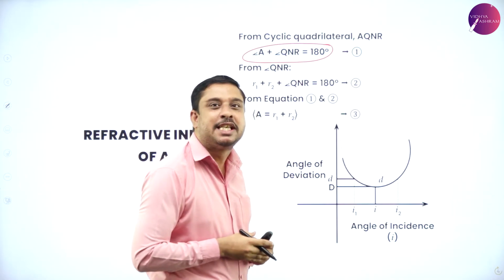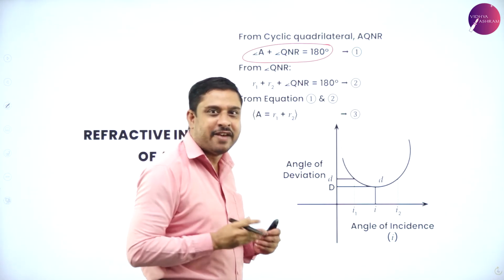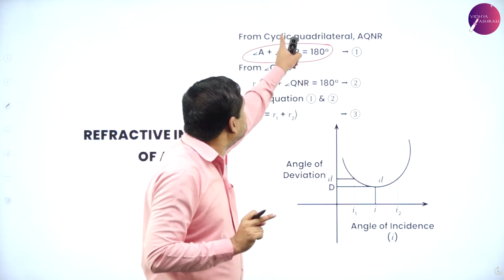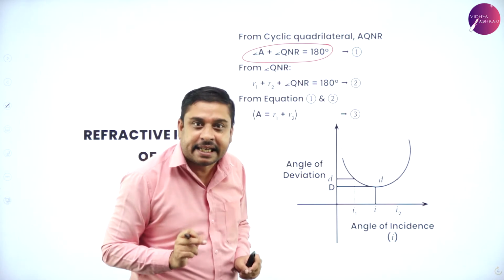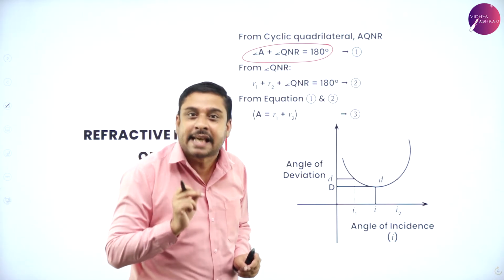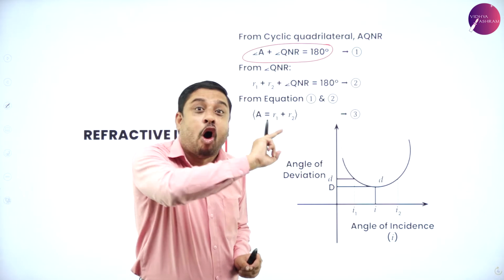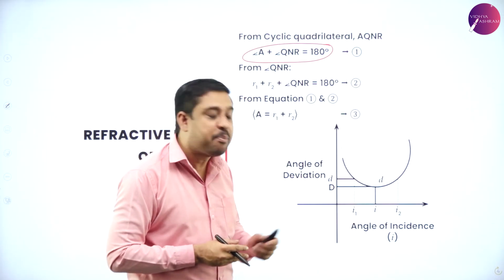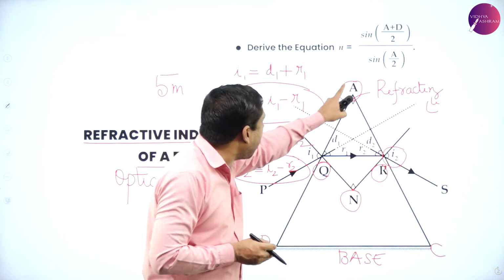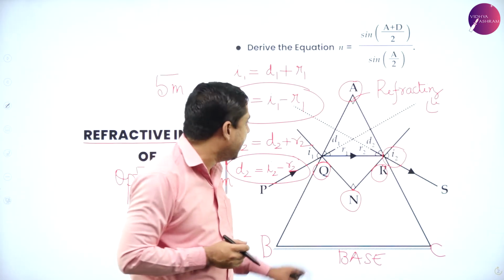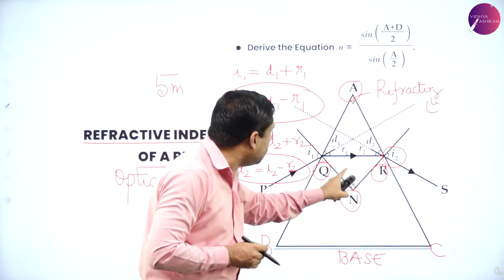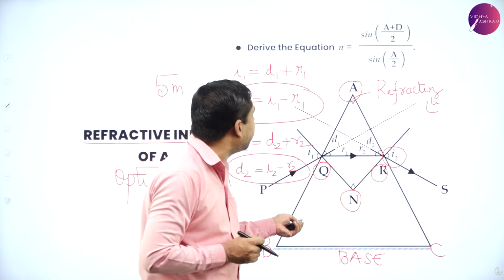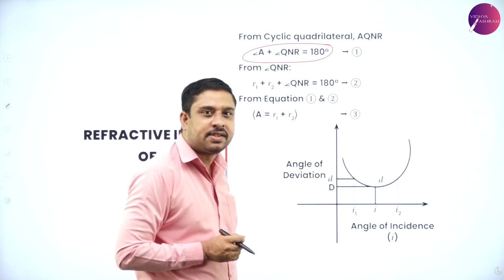Beautiful. Equation 1. So very clearly the theorem says for any cyclic quadrilateral, the sum of the opposite angles is always supplementary. So angle A plus angle QNR has to be 180 degrees.